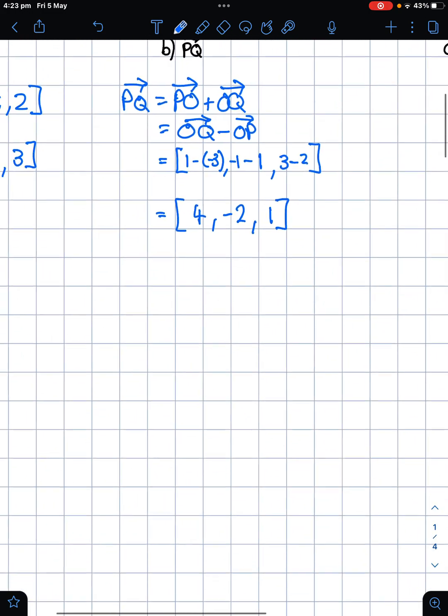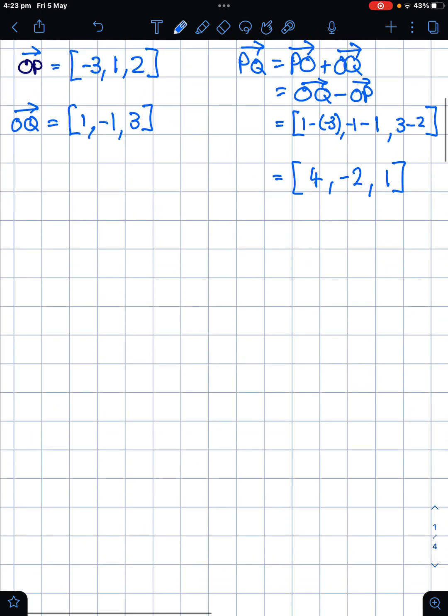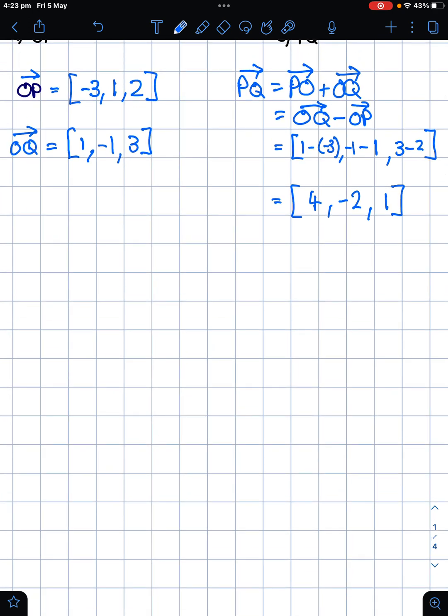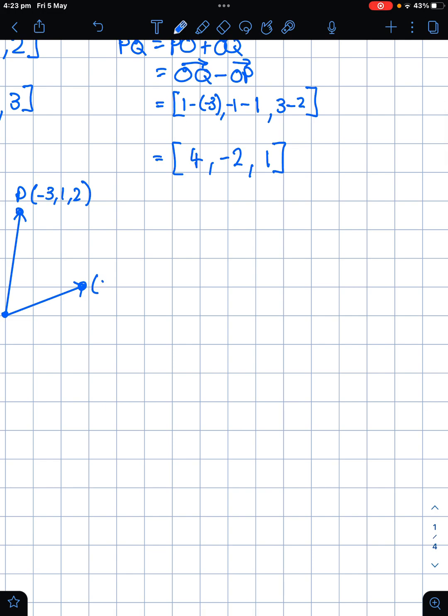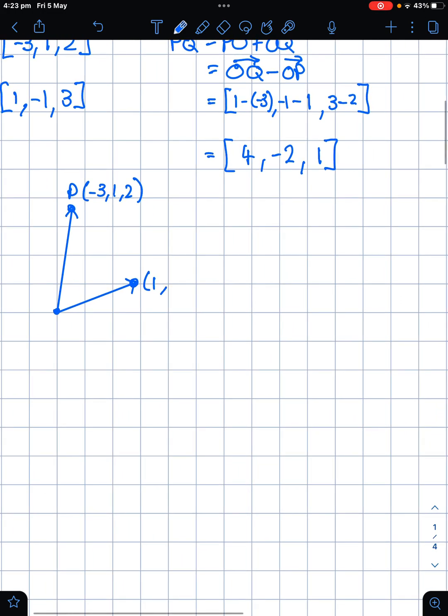So that means from these 2 points, if I was to draw these, from the origin we would have, let's just say P here, which is (-3, 1, 2), that's its coordinate, out to, now these aren't to scale and I don't have them on an axis, (1, -1, 3).